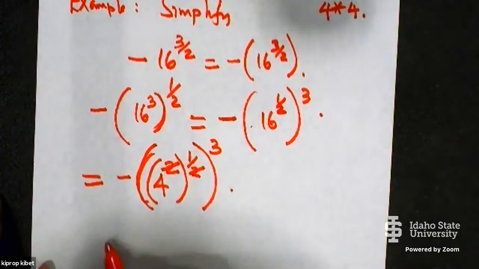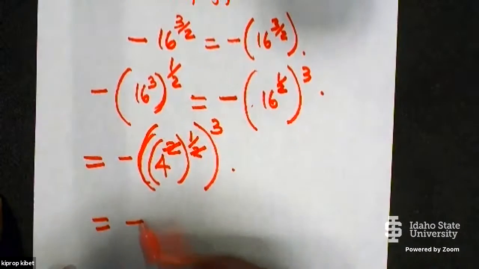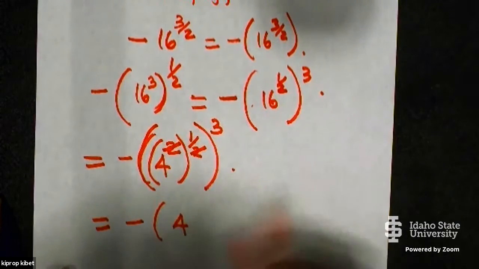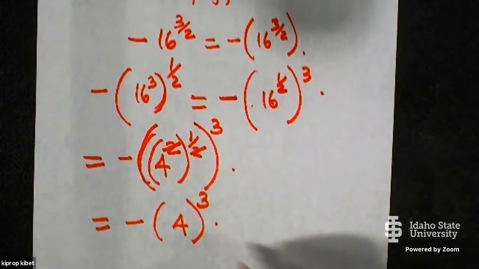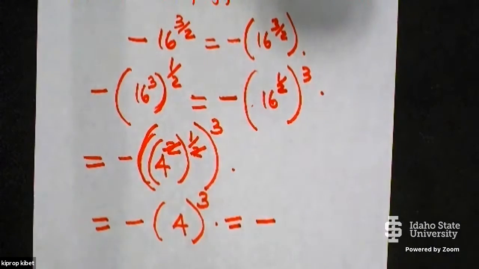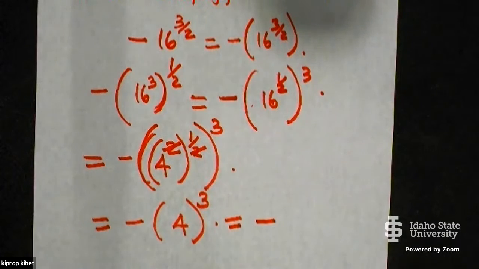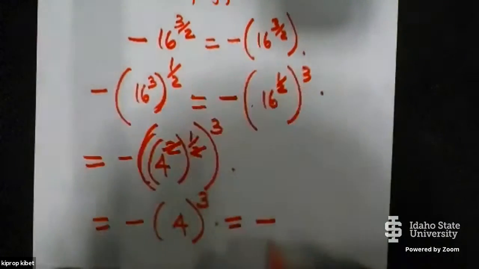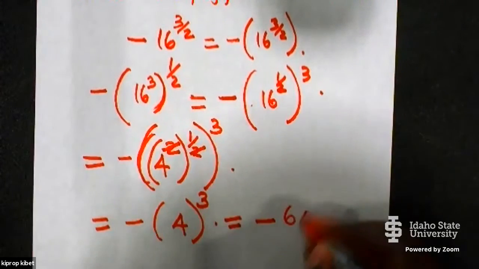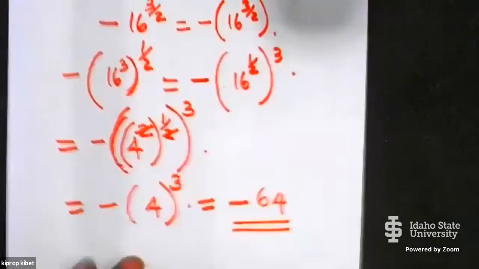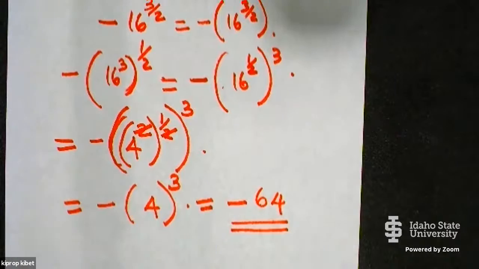That will cancel, then we get negative 4 raised to 3. So negative 4 raised to 3 is equal to what? Negative 64. Is that clear? So you can start from the root and then you cube.